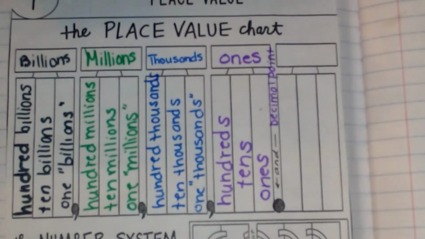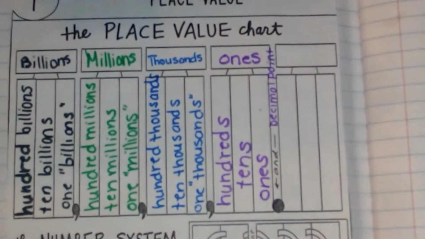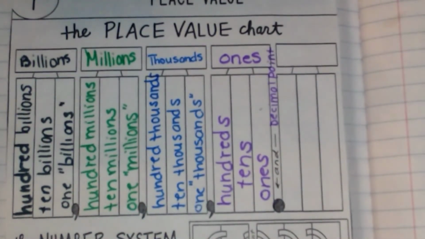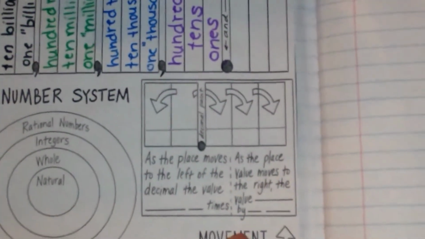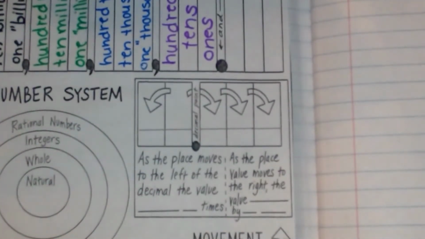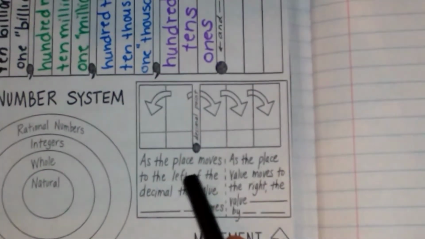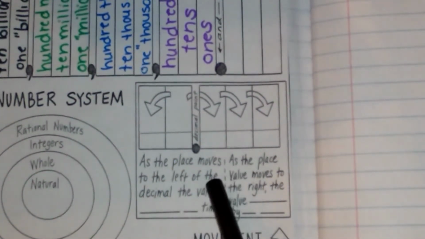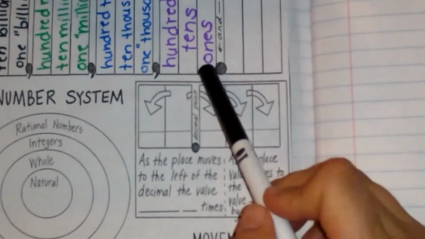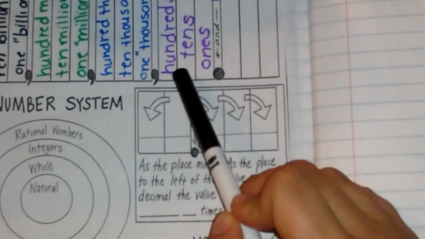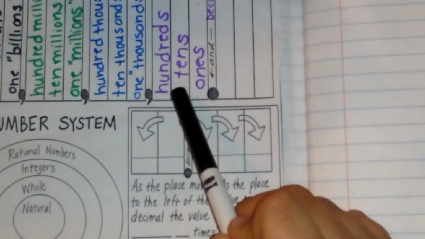Okay, so I'm not going to fill anything in here right now. I'm not filling anything else out right here, but we will focus on the movement of place values. As the place value moves to the left of the decimal, the value goes what times? If I have 1 and I move it to the left one time, I now have 10.